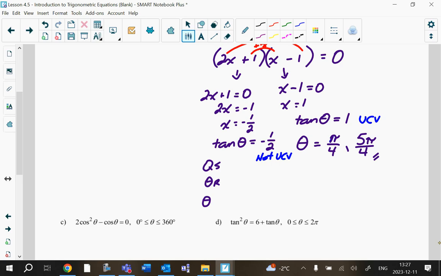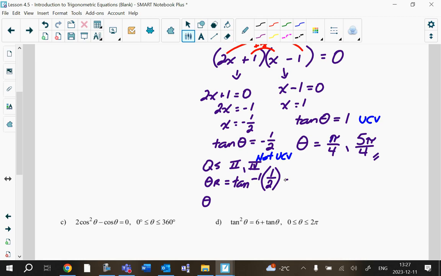Okay, so this I got to use my calculator. So what quadrants is tan negative? 2 and 4. That tells me where my answers are. Reference angle, take the inverse tan of the positive of the value that you're given. Always the positive.